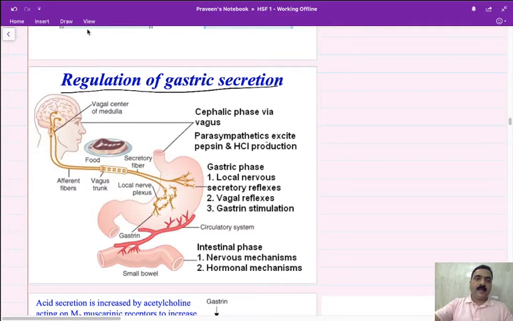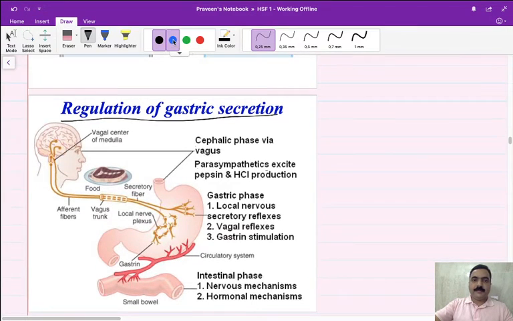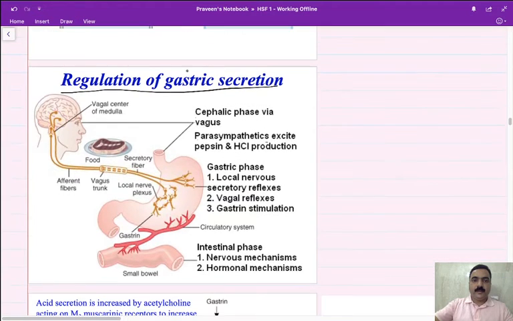The gastric acid secretion is regulated by 3 phases. One is the cephalic phase, the second is the gastric phase, and the third is the intestinal phase. The cephalic phase and the gastric phase are stimulatory. Cephalic refers to the head.